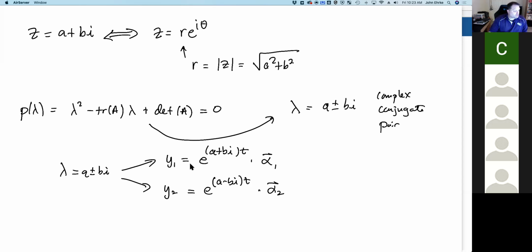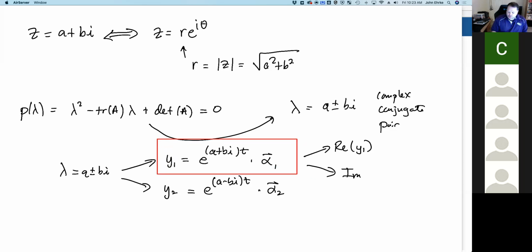And so what we talked about in the lecture on Wednesday is, really all I have to do is pick one of these. Say I pick this one, and rather than list a complex solution, I can look at the real part of that solution and the imaginary part of that solution.